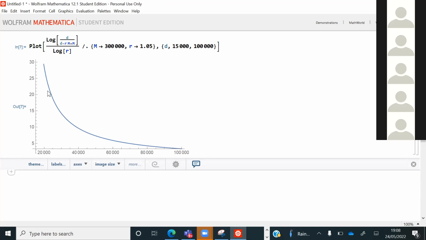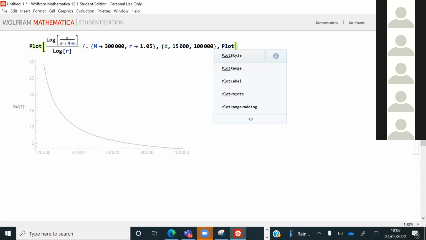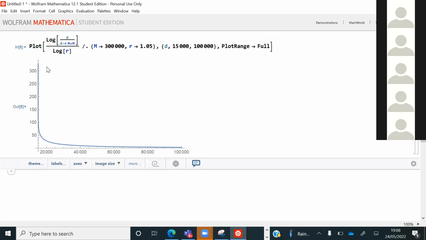As you get close to 15,000, and I'll just put the plot range full again, the length of time to pay off the mortgage clearly just goes off to infinity. Okay, and so a computer, a spreadsheet, a programming environment like this would be a good way to investigate that sort of function.